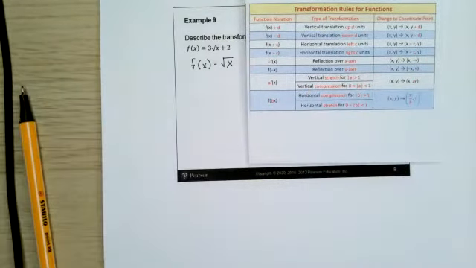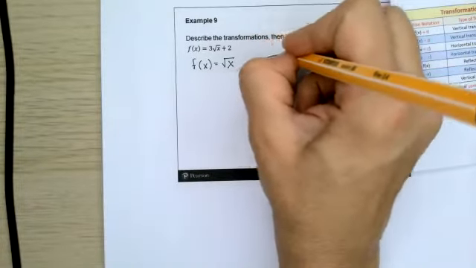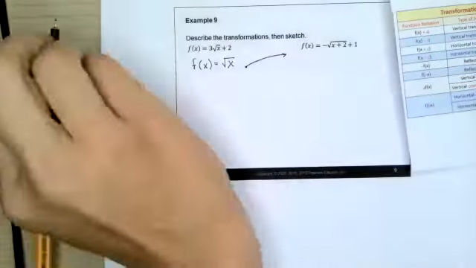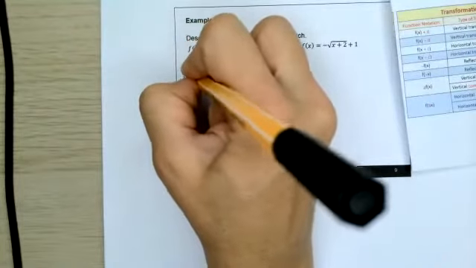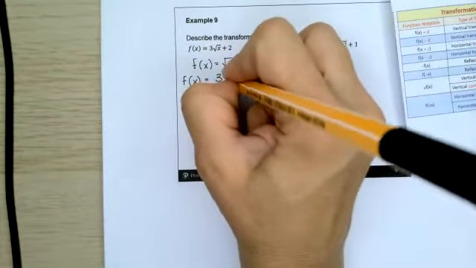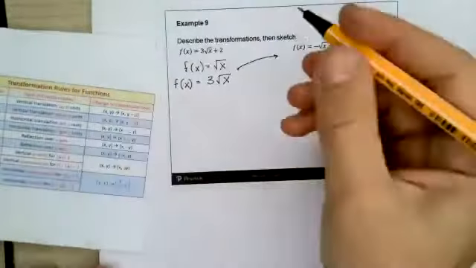So what that means is, this is just this guy, right? That's the graph. But if we add that 3, that means we are stretching it 3.